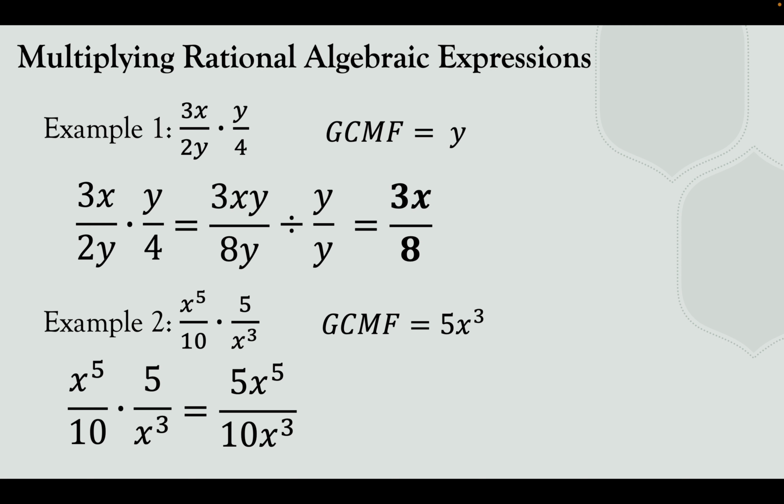Their greatest common monomial factor is 5x cubed. So divide both numerator and denominator by 5x cubed. So 5x raised to 5 divided by 5x cubed, we have x squared, and 10x cubed divided by 5x cubed, we have 2. So the simplest form of the given expression is x squared over 2.